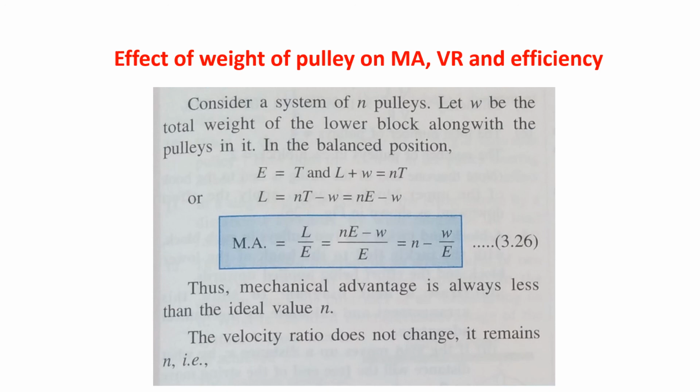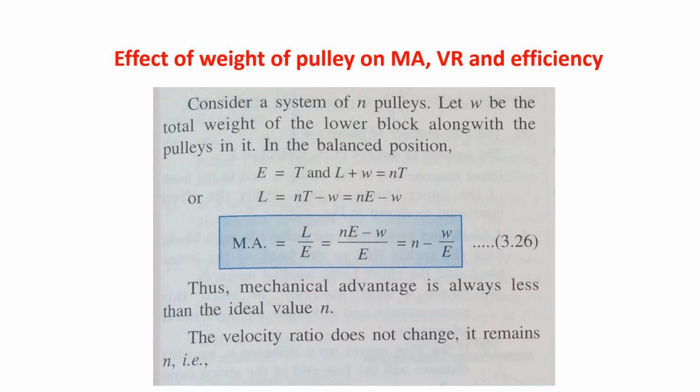Unless it is said to you while doing the numericals, you will not consider the weight of the pulley. But the weight of the pulley is acting. Let us see what happens with the weight of the pulley on mechanical advantage, velocity ratio and efficiency.